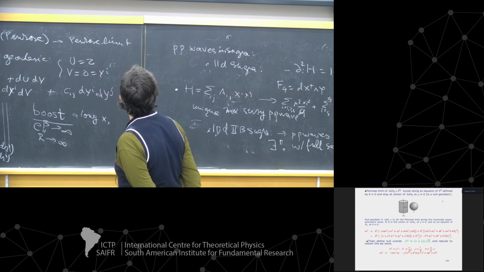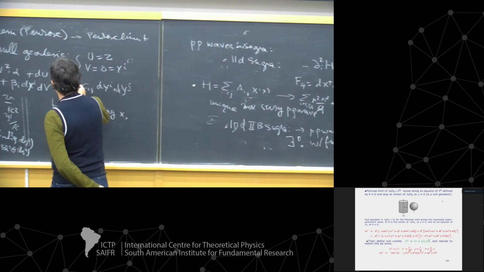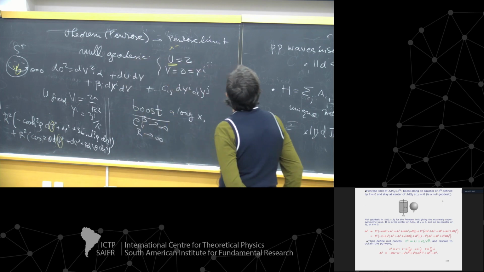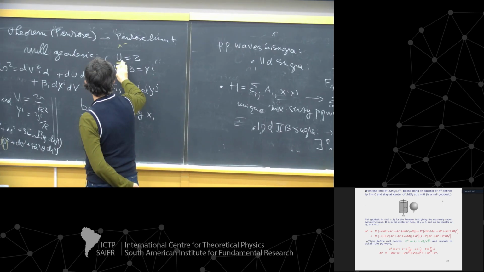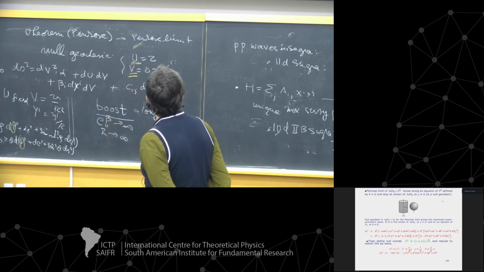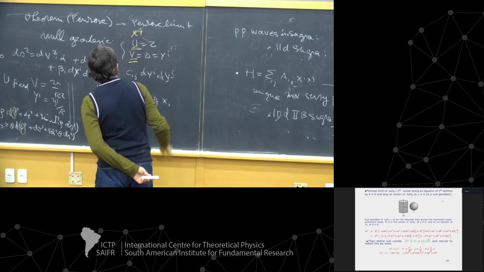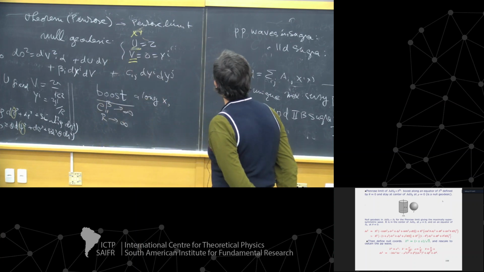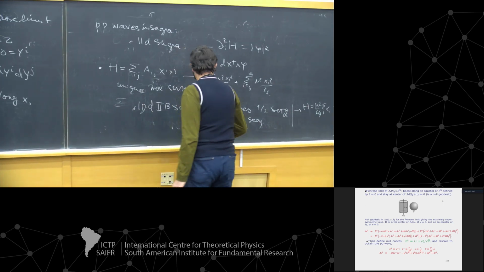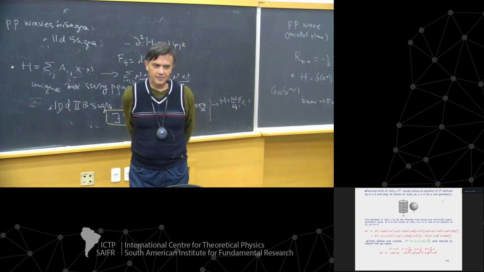So the x minus, which plays the role of V, is rescaled by R squared, and x plus, which plays the role of U, that is tau, is not rescaled. Then we get this maximally supersymmetric PP wave in type 2B theory.